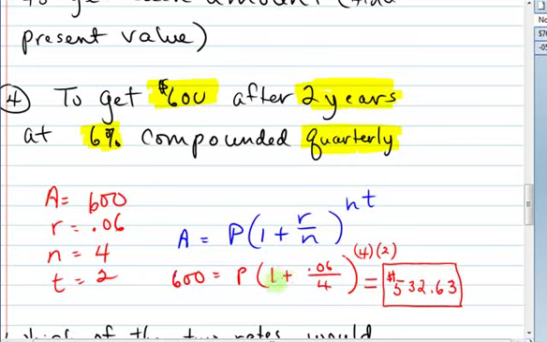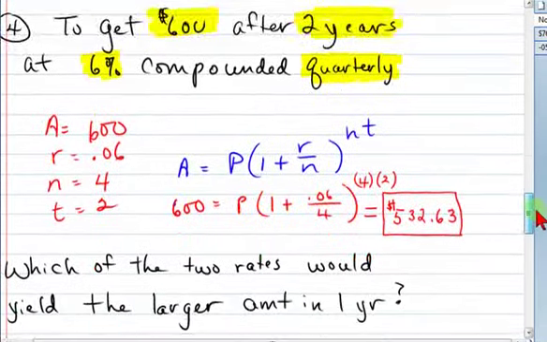And what I would do is find out all of this number. Do 0.06 divided by 4, add 1 to it, raise it to the 8th, and then divide that number into 600. You should get 532.63. In this example, the number you get needs to be less than 600 because you're saying, what do I need to start with to end up with 600? Okay? All right.